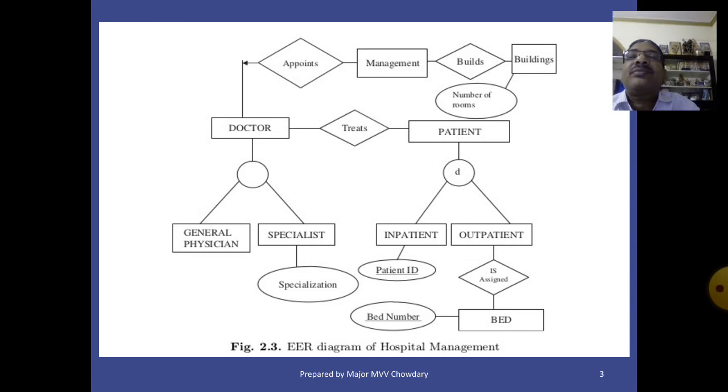So, these are the entities and relationships related to hospital management. For this purpose, we are using entity clusters.